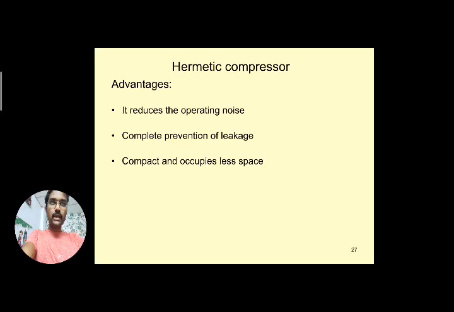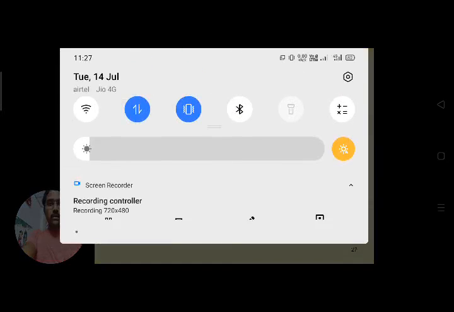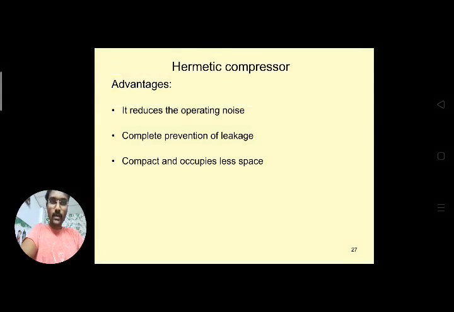If you place the electric motor and compressor components in different cases, they may use a belt drive system with a lot of components involved, which produces more noise. Whereas the hermetic compressor reduces the operating noise as it is placed in a sealed case.